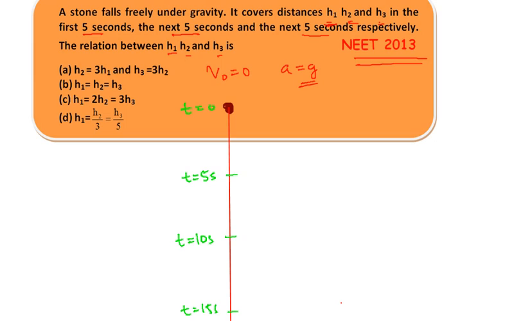Given that it covers a distance h1 in the first 5 seconds, a distance h2 in the next 5 seconds, and a distance h3 in the next 5 seconds. That means to travel distance h1, the time taken is 5 seconds.